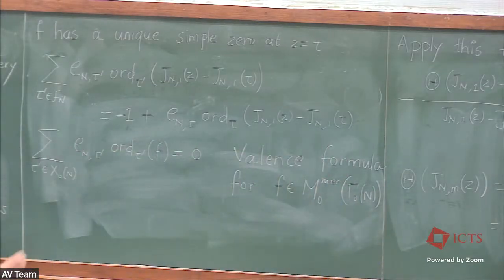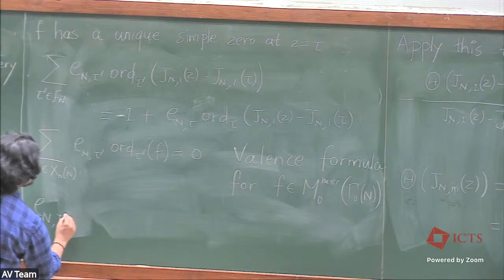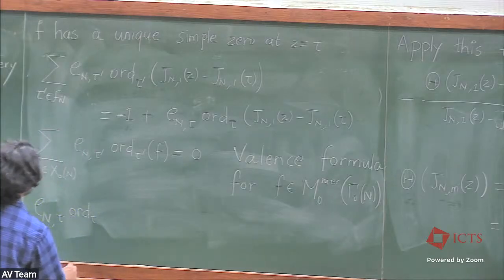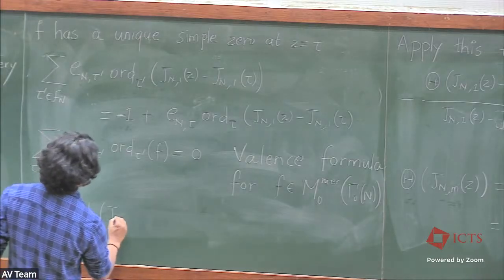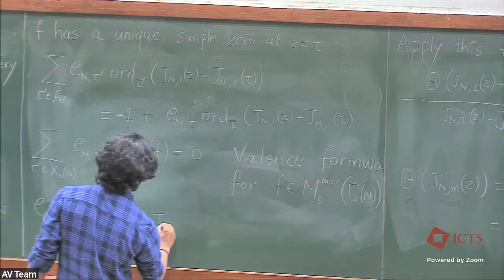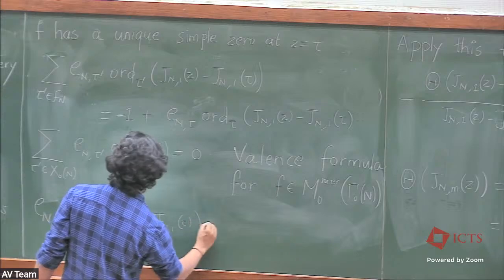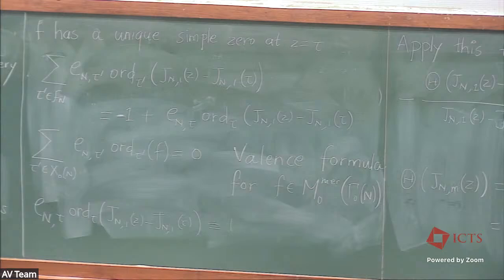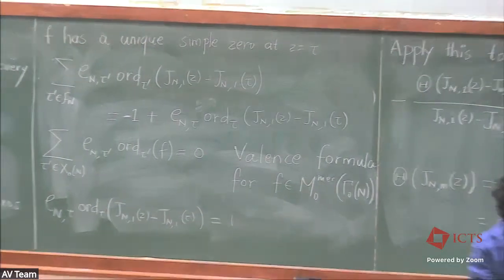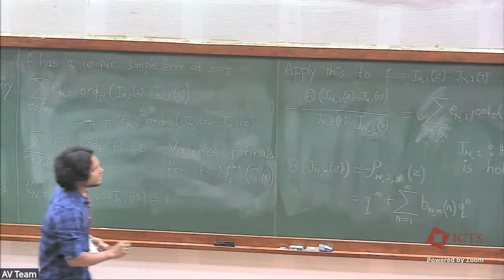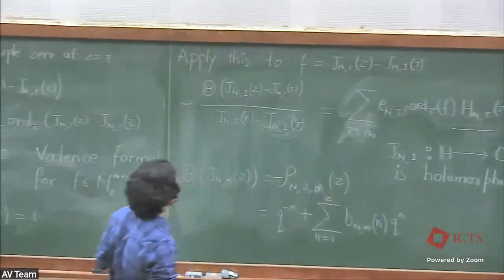So once I apply that, I just get that E n tau equals 1. And now I can just plug it in here in this sum on the right hand side. The sum has only one term, because n does not contain I infinity.